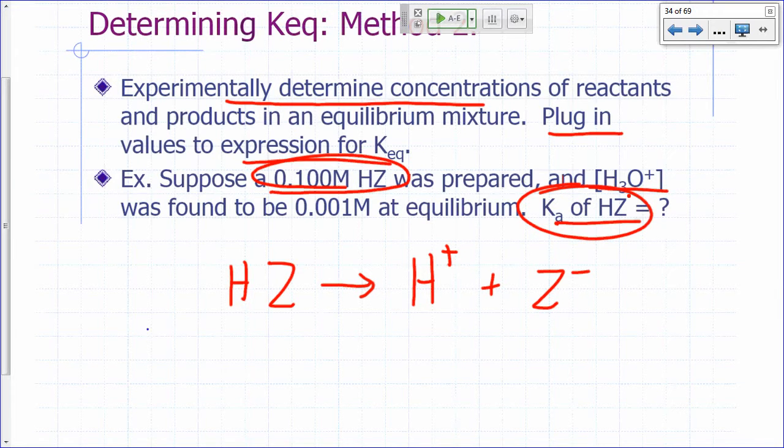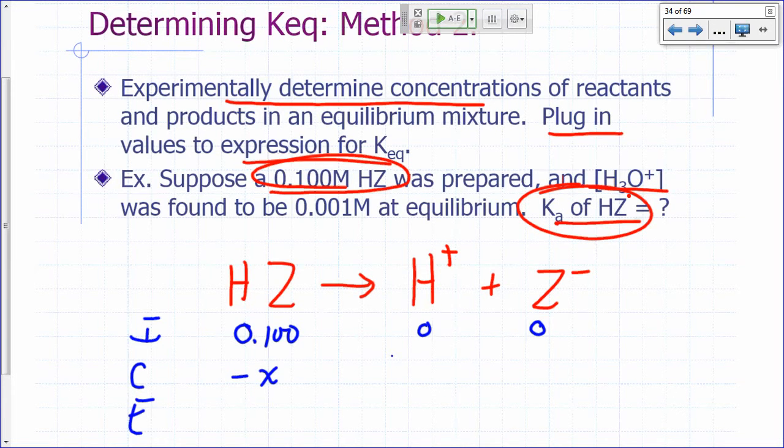And so what you need to do is set up an ICE table here. What's the initial concentration of HZ that we have? 0.100. This is an acid, so it's going to ionize, right? So let's start off with none of the H plus and none of the Z minus. You're going to lose X moles per liter of HZ.